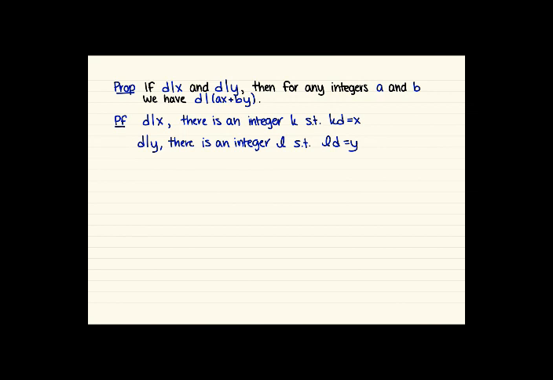So similar to the last proof, we're going to start with ax plus by and figure out how to write this as some integer times d. So we've got ax plus by. We know that x equals kd, so we can make that replacement here, a times kd. And we also know that y is Ld, so we'll make that replacement in the second part here, so we've got bLd there. So now we're going to regroup this.